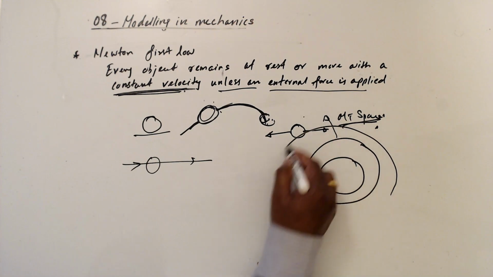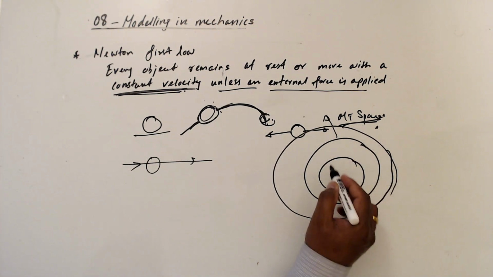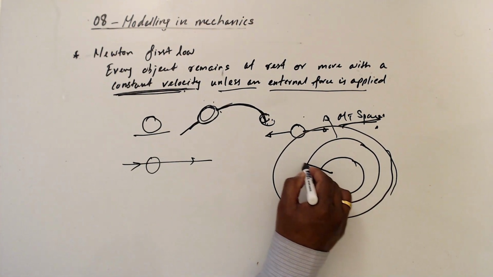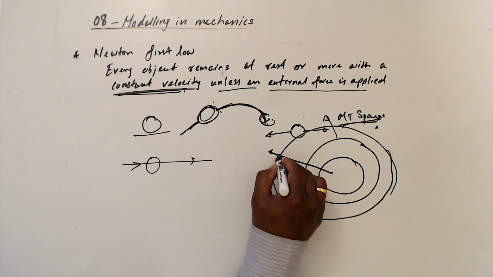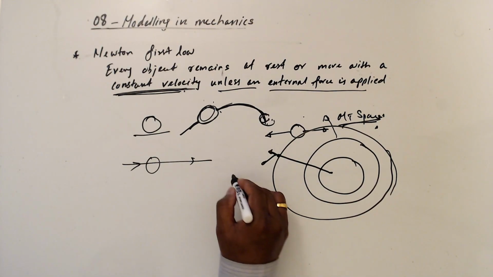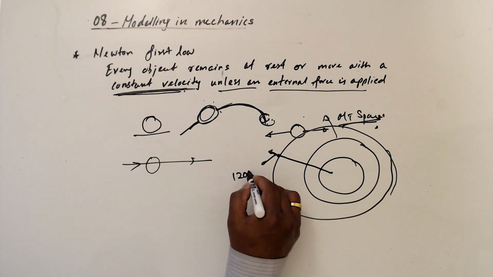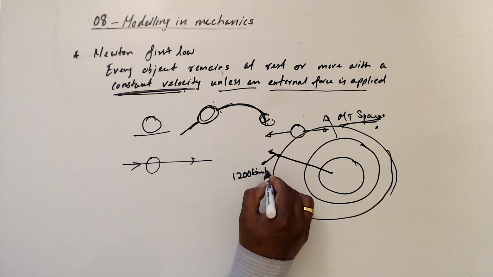Assume we manage to send a particle from Earth to this empty space, and when that particle gets into the empty space, assume the speed is 1200 kilometers per hour.